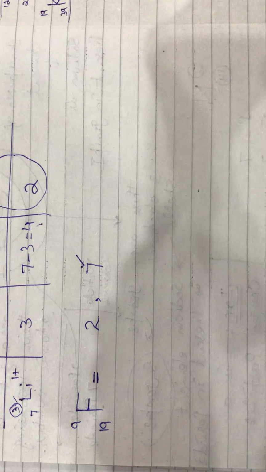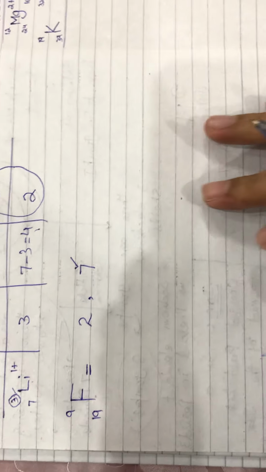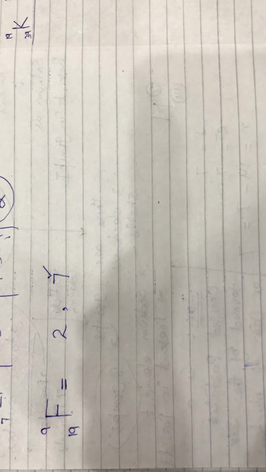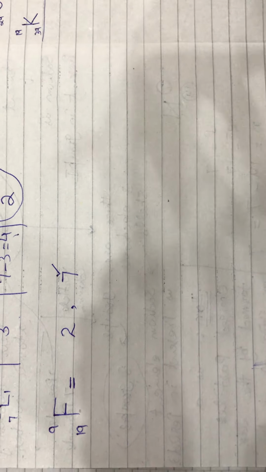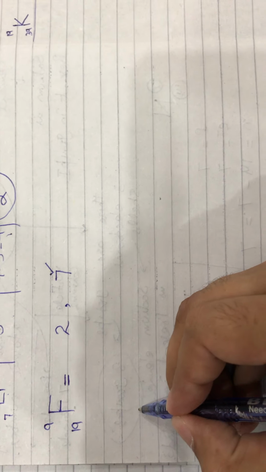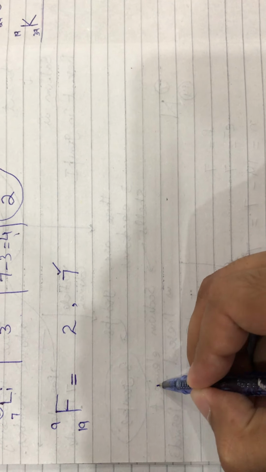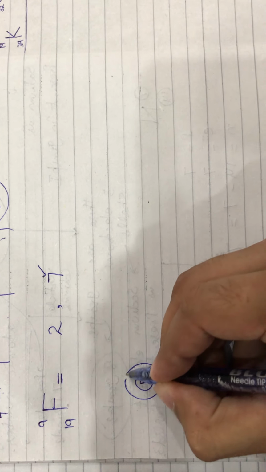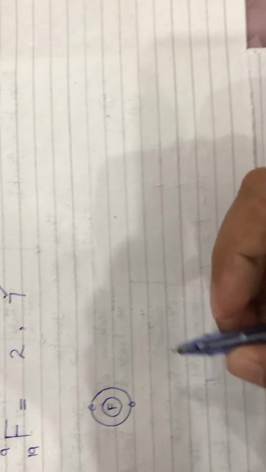It means it can gain 1 electron. So how can it gain 1 electron? During a chemical reaction, from other elements, it can gain 1 electron. So over here I am going to draw the electronic structure of fluorine. Fluorine nucleus, first shell contains how many electrons? 2 electrons.